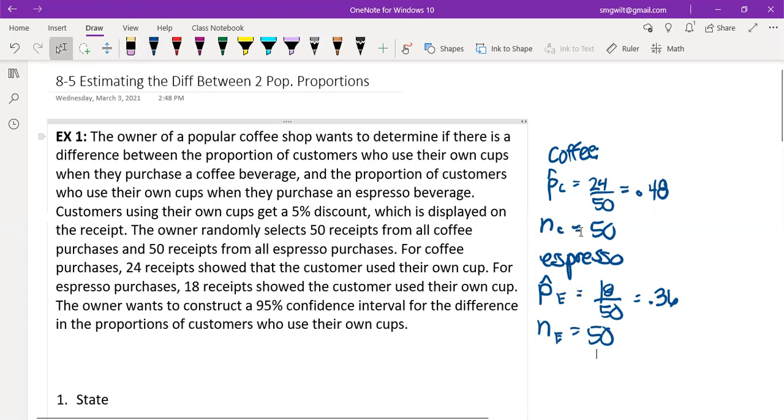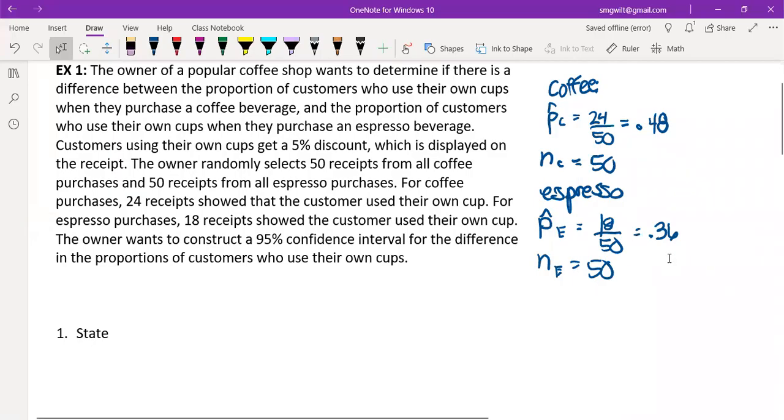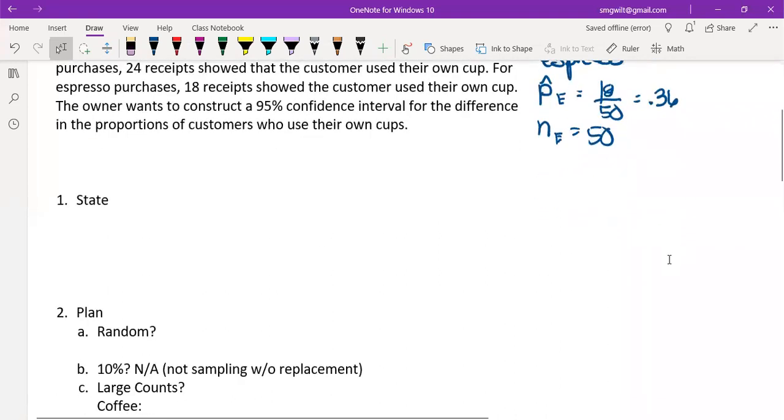We want to construct a 95% confidence interval for the difference of proportion of customers who use their own cups. Okay, so looking at this, we're going to state that we want a 95% confidence interval for the difference of the proportions of customers who use their own cups.